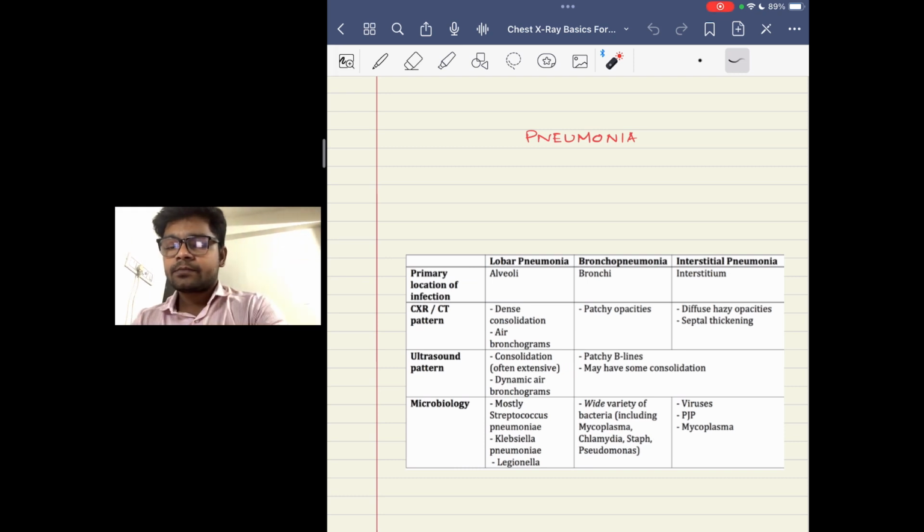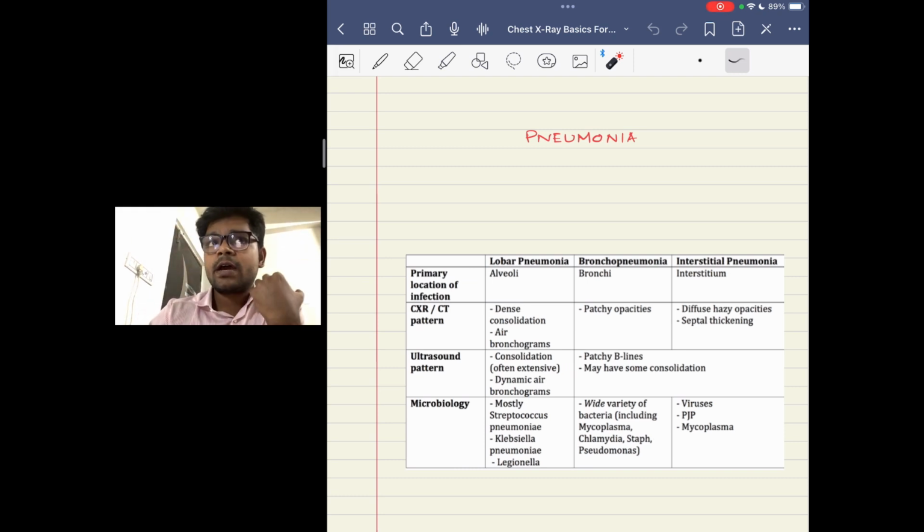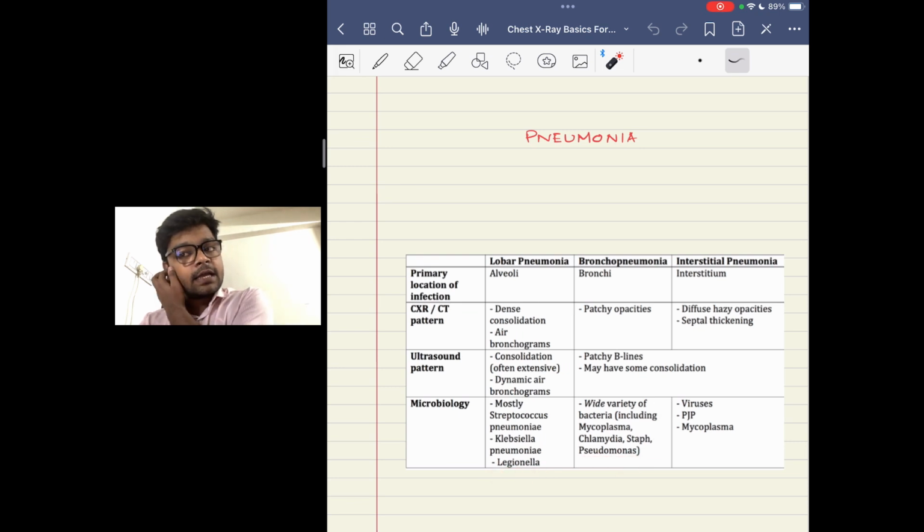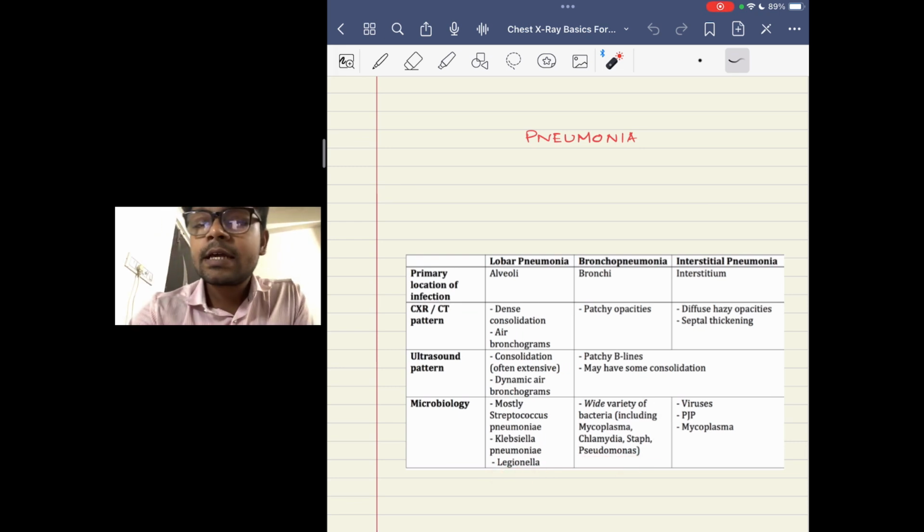Now, why is understanding the patterns of X-ray important? Because the treatment protocol will be entirely different for lobar pneumonia and bronchopneumonia, because the organisms also differ greatly, right? And so now, what is air bronchogram?